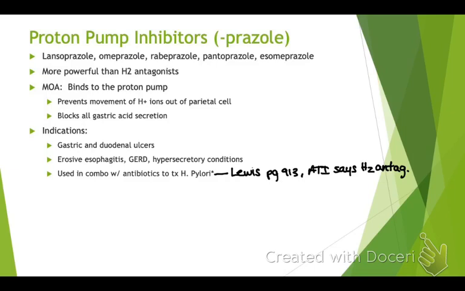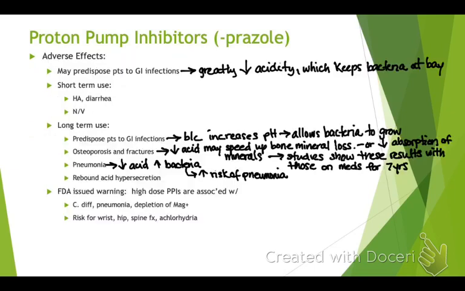And in your Lewis book on page 913, you'll see this being talked about, and you'll see the history about this, why we would give it. Your ATI also says it's used in combination with your H2 antagonist. So sometimes they give them in combination in order to treat the H. pylori. So different combinations can be used as well.